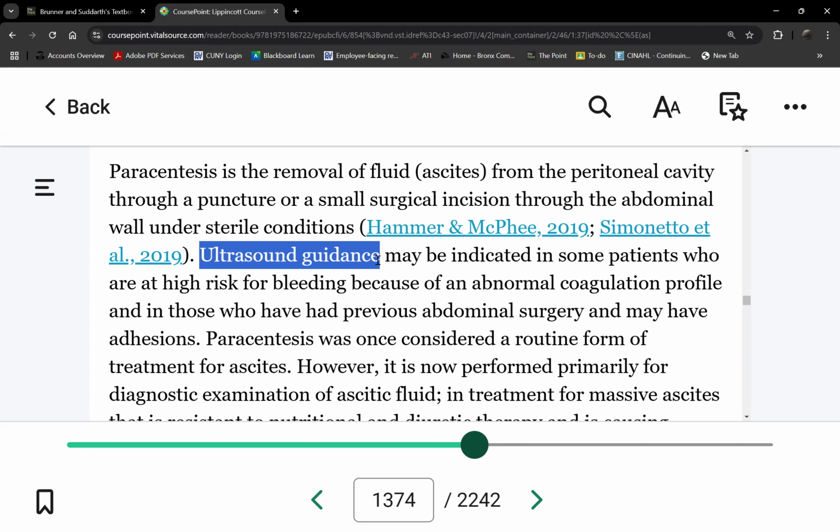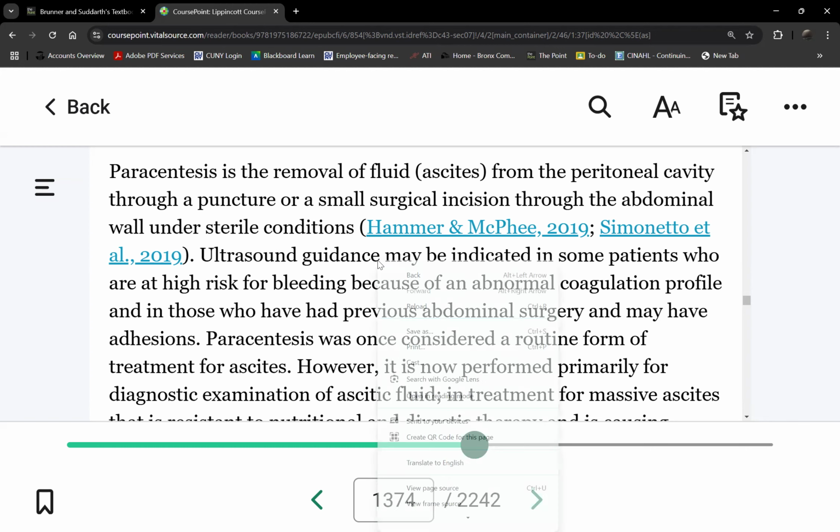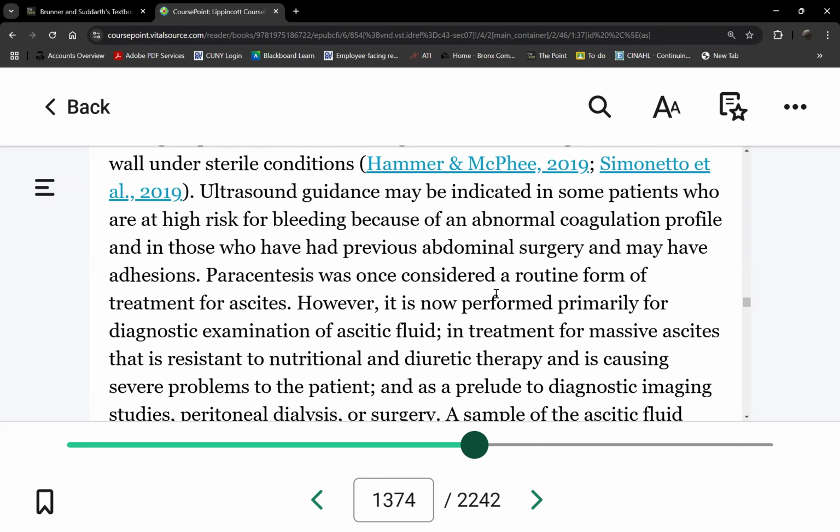Once the tech finishes the ultrasound, they will draw with a Sharpie, marking the areas of the abdomen with the largest pockets. And since we're only sticking one area, the patient will be asked to move from side to side to mobilize the fluid, so that we drain as much as we can.